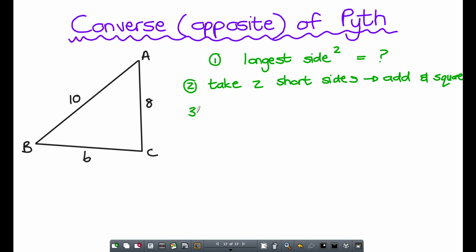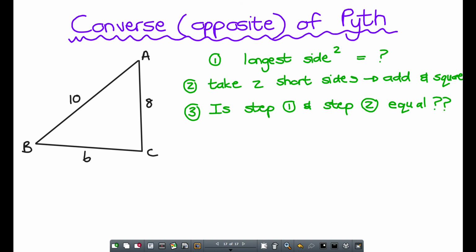Now step 3: are step 1 and step 2 equal? Because if it is equal, it means that it will be a right angle triangle. You guys good with that?